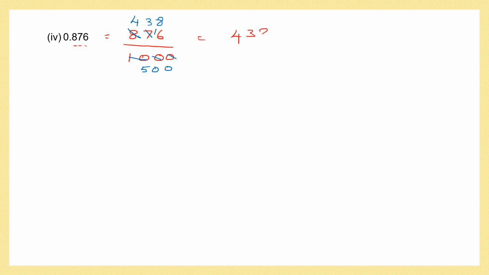So I have got 438 by 500. I can still reduce this by 2. 2 twos are 4. 2 ones are 2. Carry 1. 2 nines are 18. This also by 2. 2 twos are 4. Carry 1. 2 fives are 10. And bring down the 0.